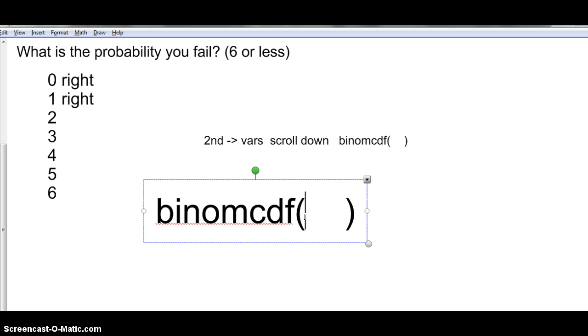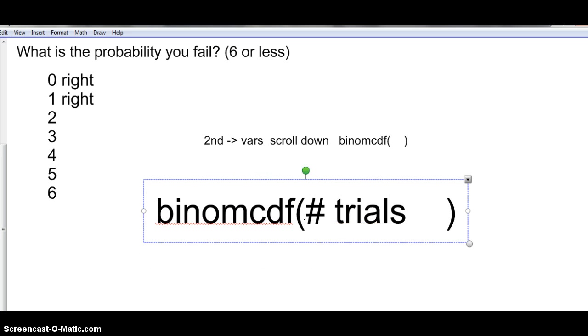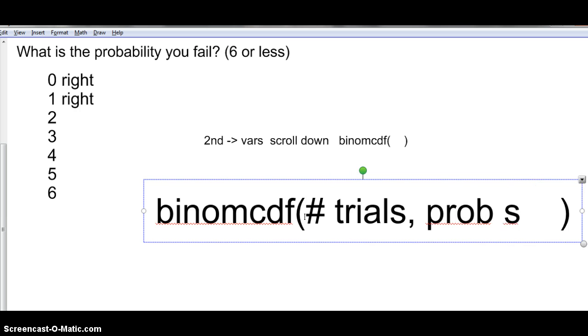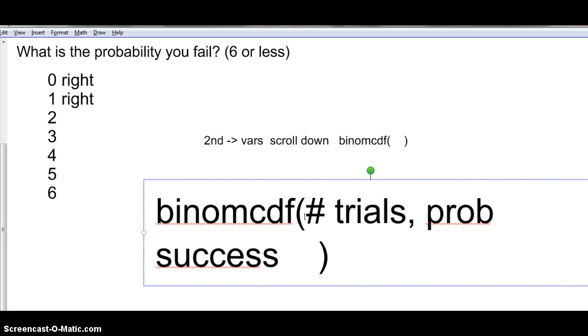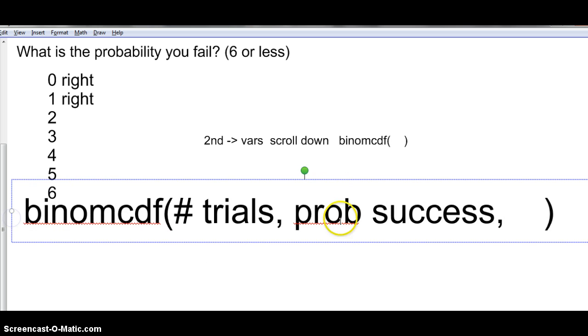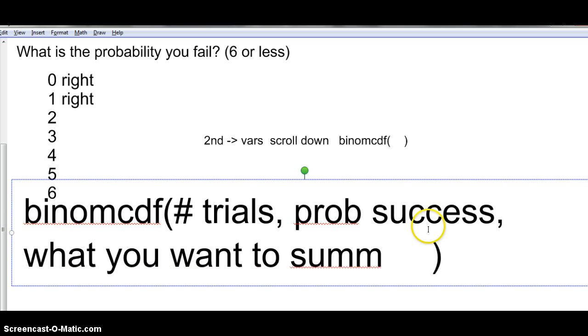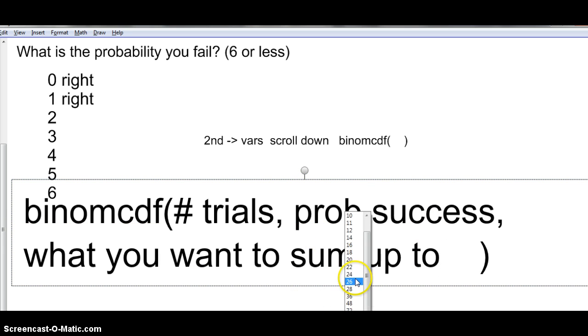So now for binom CDF, you're going to enter 3 things, and it is going to be similar. You're going to enter the number of trials, the probability of success, but then the last part is not going to be how many you exactly want to get right, is what you want to sum up to. So let me write that all out here on this line.